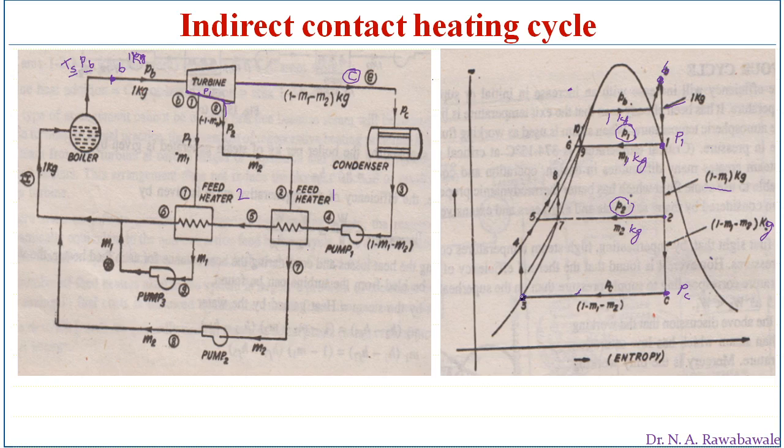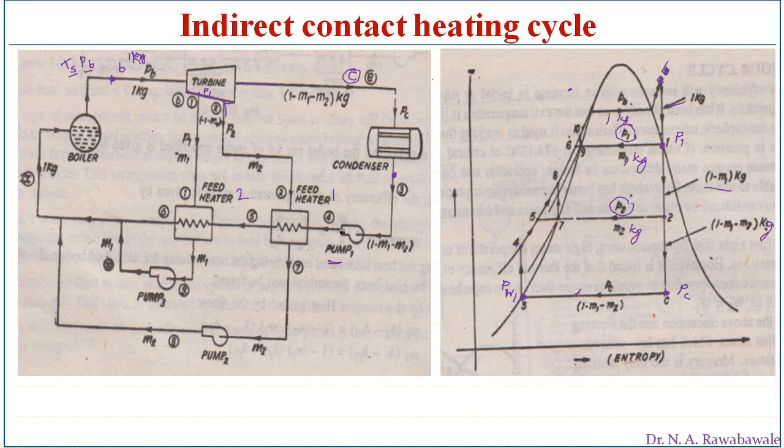The steam after getting condensed comes out of this condenser, and with the help of a pump, say pump P1, pump work PW1 is applied here, and this condensate pressure is increased from condenser pressure to the boiler pressure.